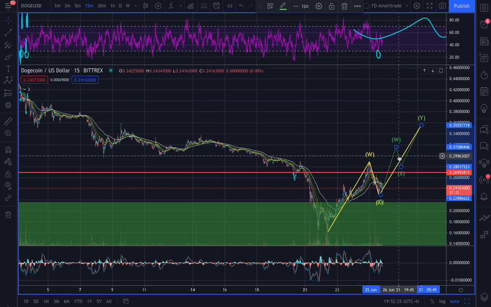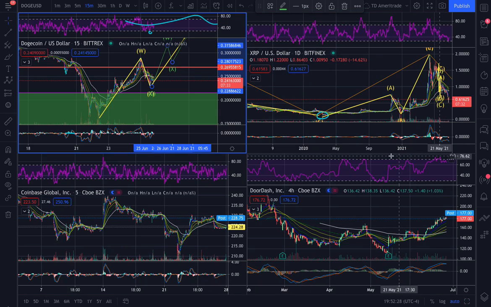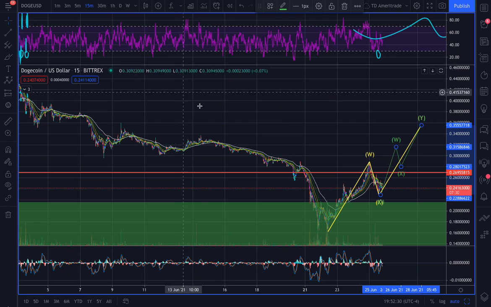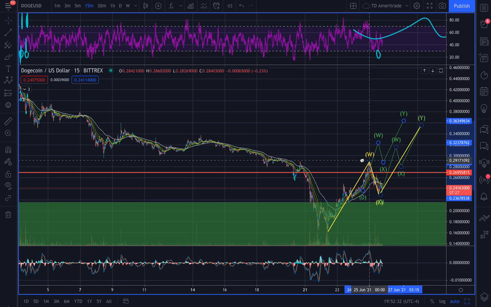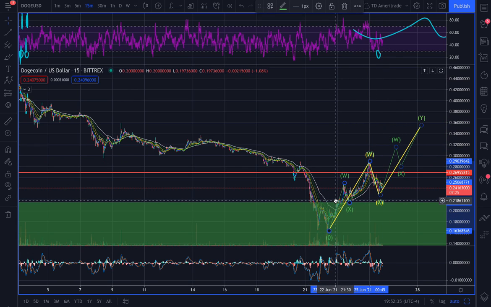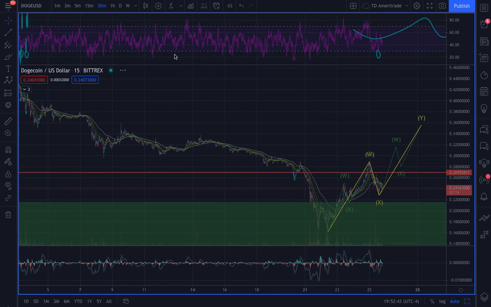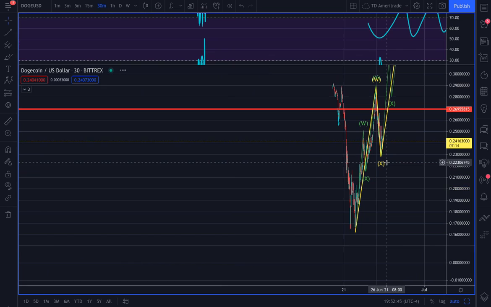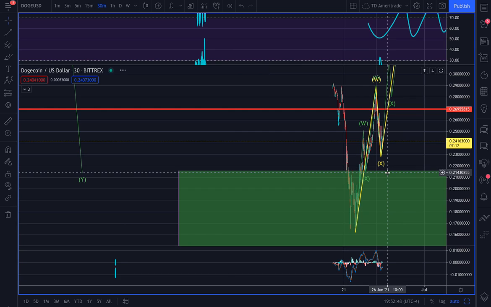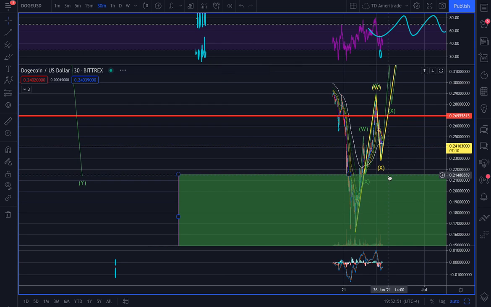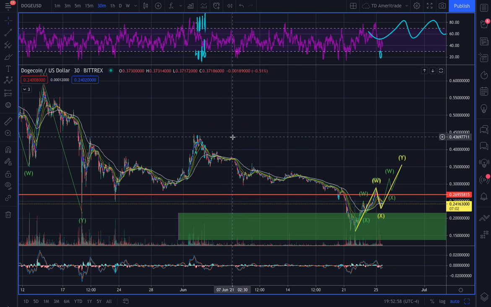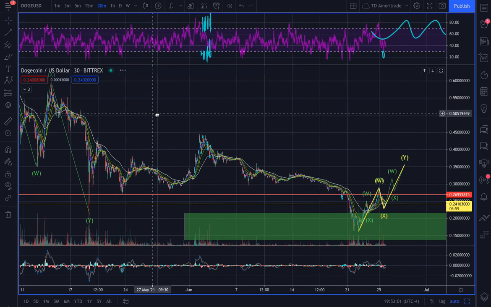Does that make sense? Can I copy this? Yes, there we go. So something like that might happen because this might be just a correction in the correction.